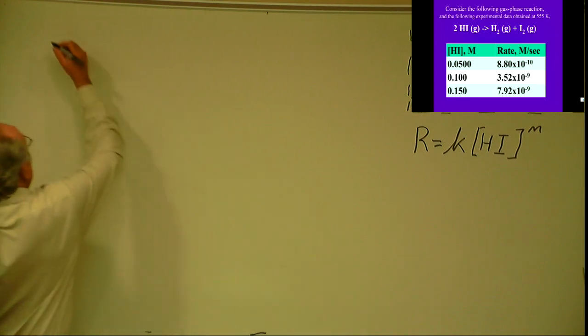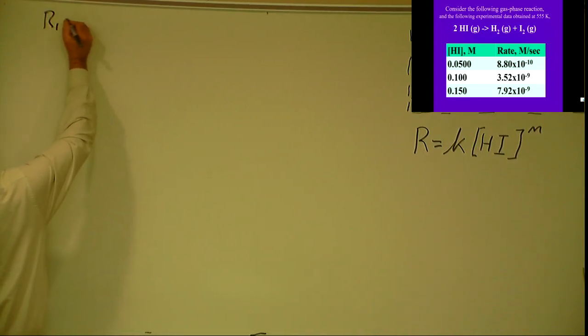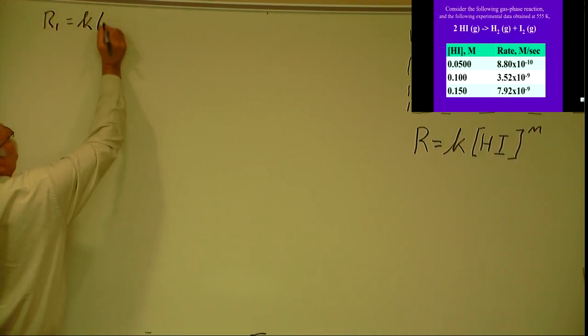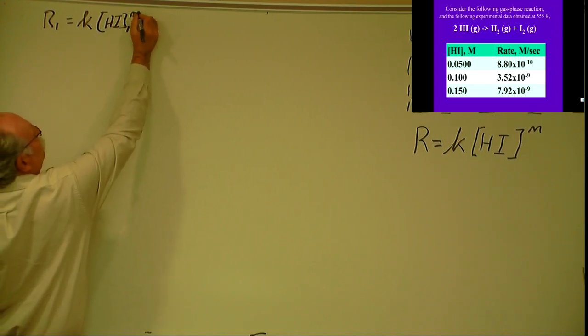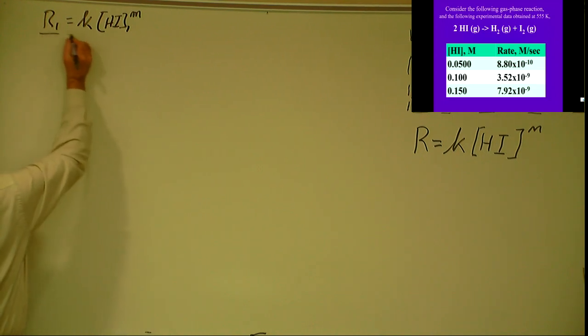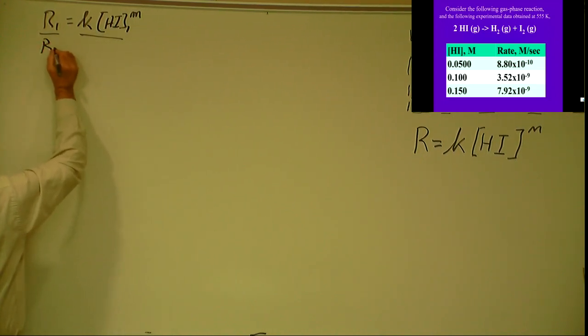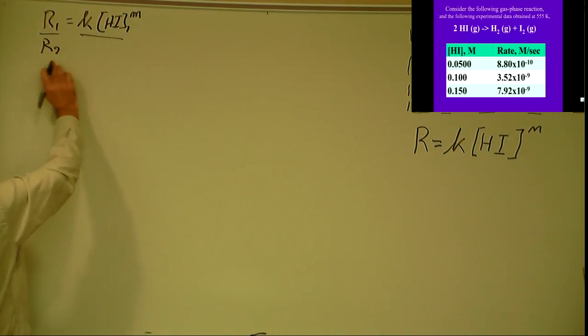Okay? So I could take any state, R1, and that would be equal to K times HI at that state to the power of M. I could divide both sides by R2. Okay, and if I divide this by R2, they become equal.